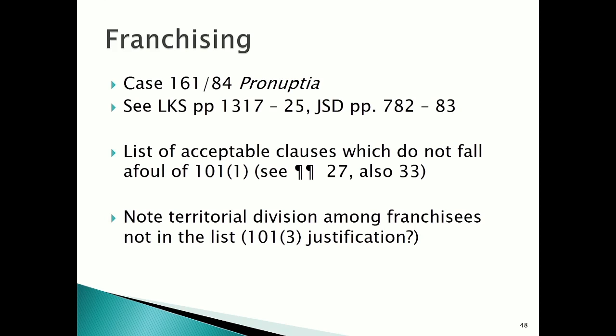Certain requirements about interior, the look of the interior, the look of the exterior, displaying signs, that's necessary. Other requirements: is McDonald's going to be terribly happy if you own a Burger King? Or if you open a Burger King in the McDonald's? If you open a Subway in the McDonald's? No, McDonald's is not going to be happy, okay? So those sorts of restrictions on competition are perfectly legitimate.